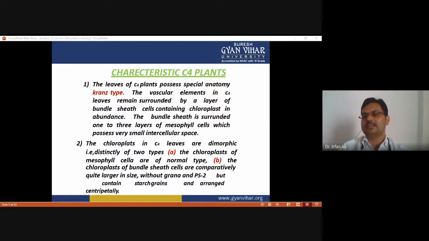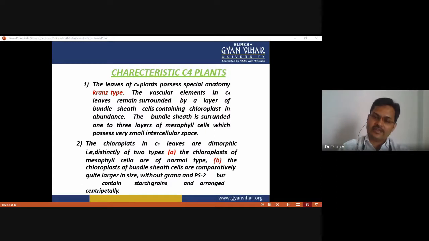You know that grana are particularly responsible for the light dependent reaction, and photophosphorylation takes place in the grana and the thylakoid membrane of the grana. That's why in the bundle sheath cell only the Calvin cycle takes place, so there is no need of grana or thylakoids or thylakoid membranes.